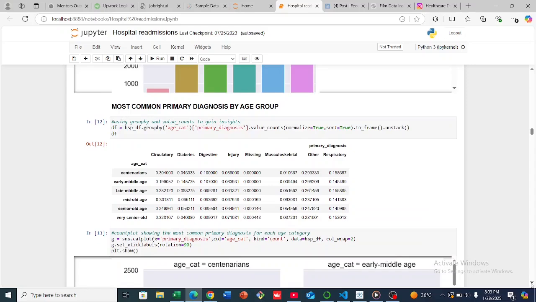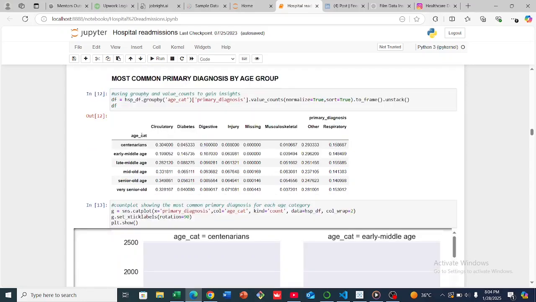If you look at our table, you can see we have our different age categories here, and we have our primary diagnosis here, and our question is that we want to answer the most common primary diagnosis by age group. So for centenarian, you can see 30% for circulatory, which is technically the highest. So for centenarian, the most common primary diagnosis was circulatory disease, while for the early middle age, if you look at our data, you can see that the most common we have is others, coming with about 29%.